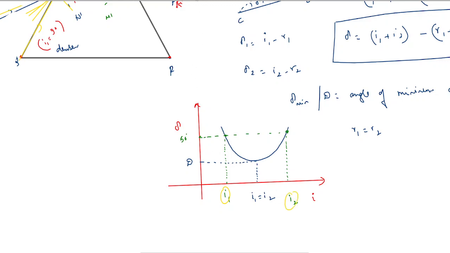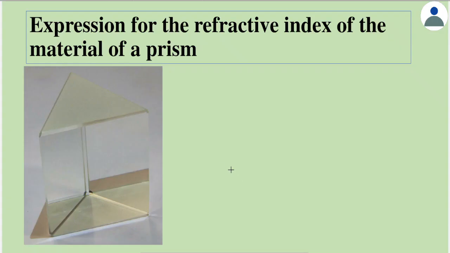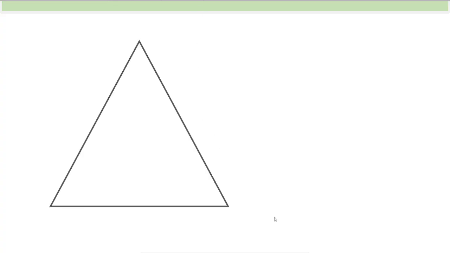Now based on this, we have a very important derivation, which is to find the expression for the refractive index of a prism in terms of the minimum deviation angle. So let's consider the cross section of a prism.